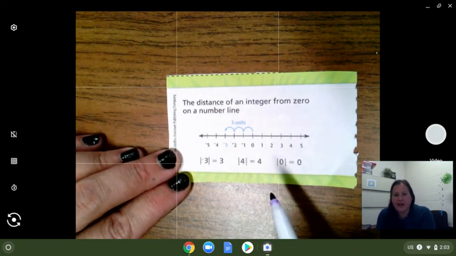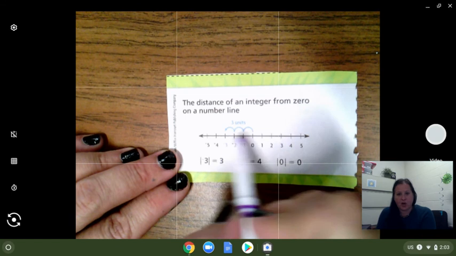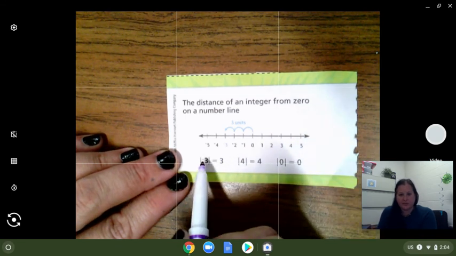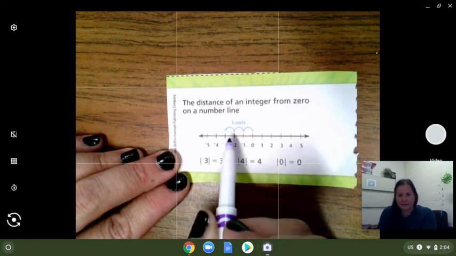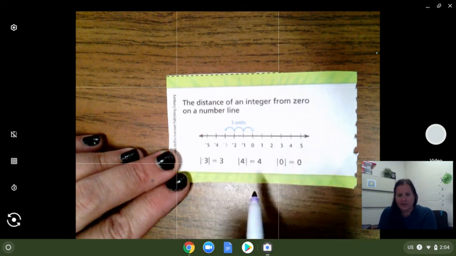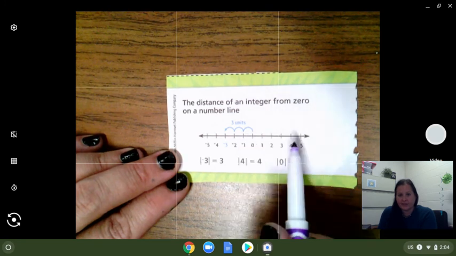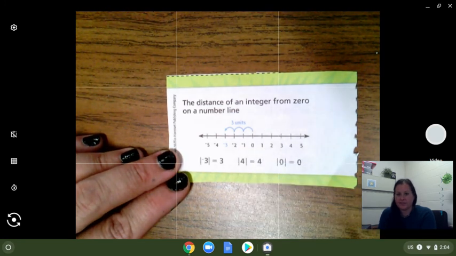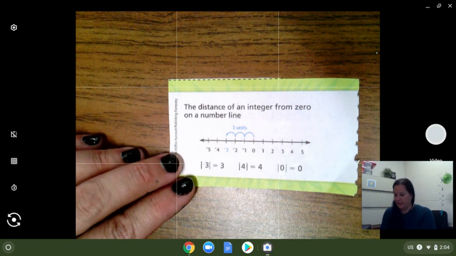You'll never have a negative absolute value, because what it is asking is how many spots is that number away from 0. So the absolute value of -3 is 3. Because it's 3 hops away from 0. The absolute value of 4 is still a 4, because it's 4 hops from 0. So your answer to an absolute value question will always be positive.